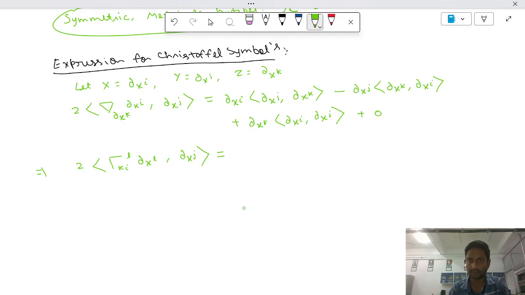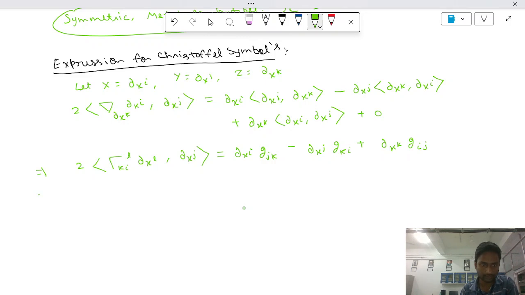In the first lecture, you have seen that this is nothing but the components of the metric. So del x_i, this is your g_jk, minus del x_j, similarly, this is your g_ki, plus del x_k, this is your g_ij.